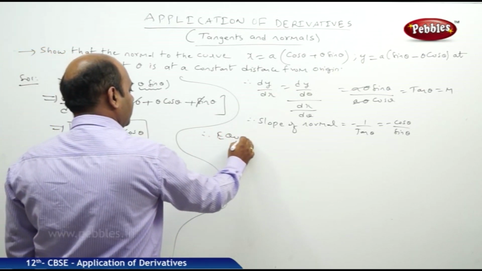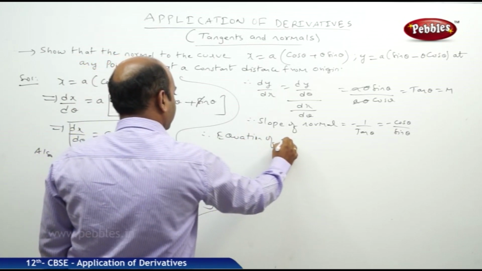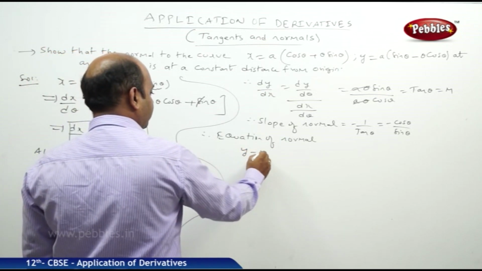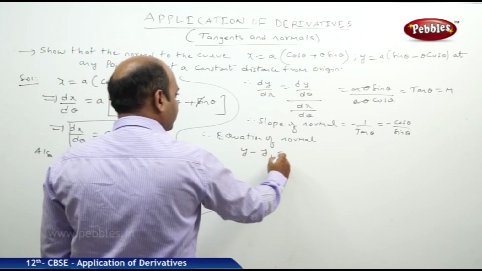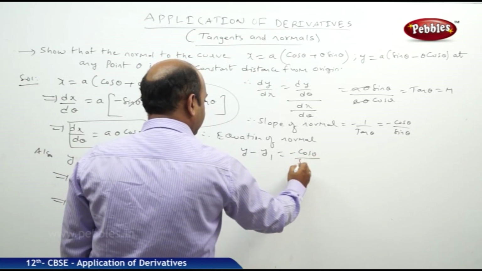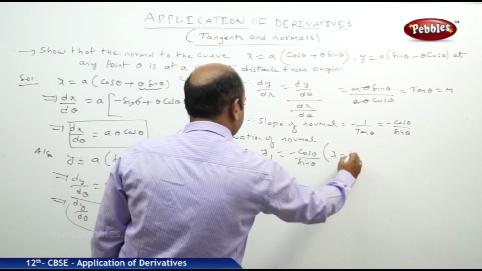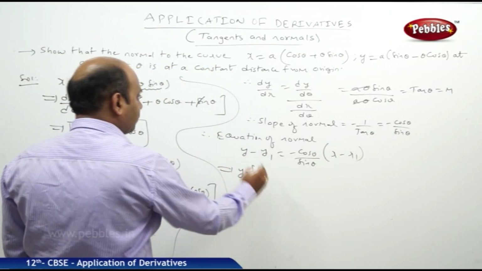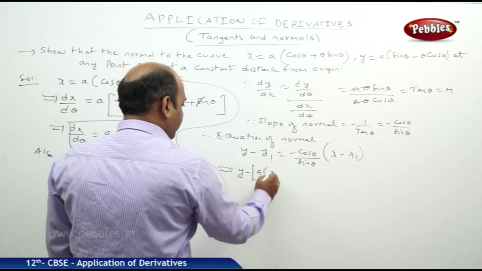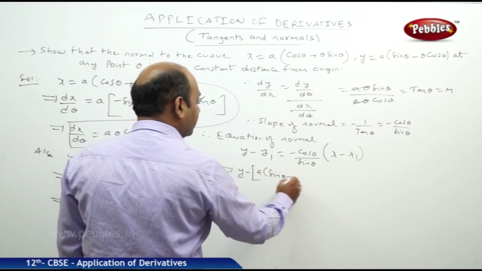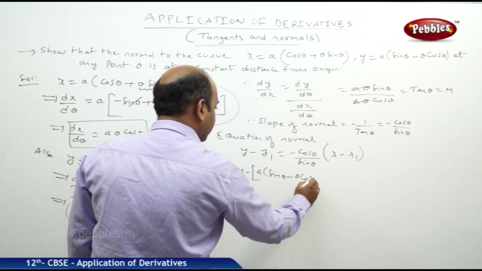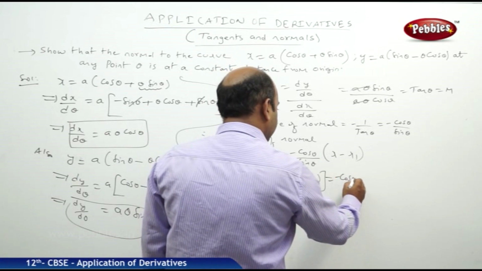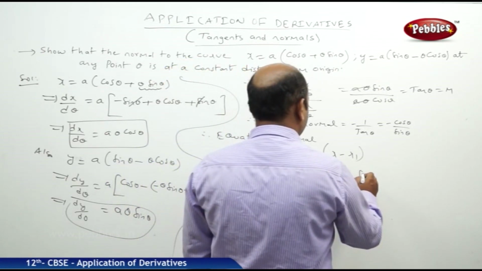Therefore equation of normal: y minus y1 is equal to minus cos theta by sin theta into x minus x1. So y minus y1 means I can write as a into sin theta minus theta cos theta is equal to minus cos theta into x minus x1.